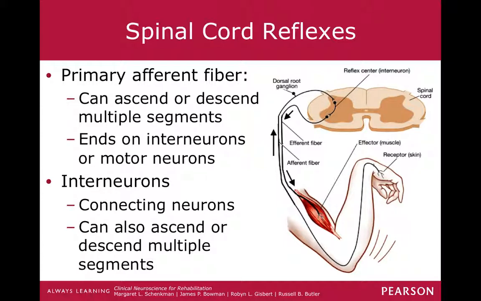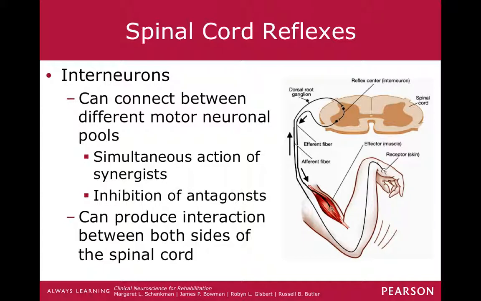The primary afferent fiber can end in that spinal segment or can ascend or descend multiple segments to generally end on interneurons or in some cases motor neurons directly. Interneurons are connecting neurons, which may have short axons to connect to immediately adjacent neurons or can ascend or descend over multiple segments with a much longer axon.